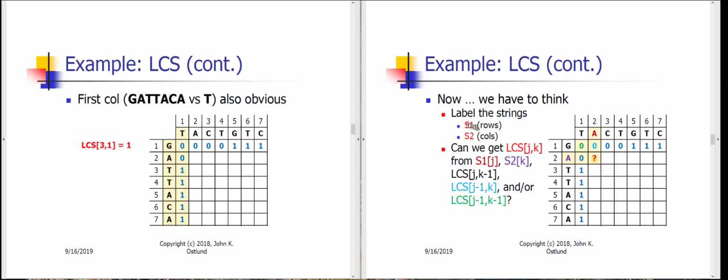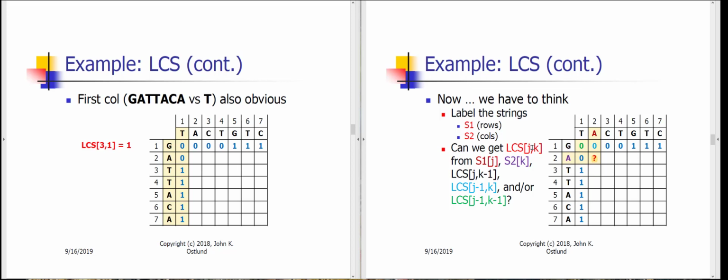Okay, so let's just call the rows S1, that's sequence 1. So our sequence 1 here, the rows are G, A, T, T, A, C, A. And the columns we'll call S2, T, A, C, T, G, T, C in this example. And in general, we're asking the question, can we figure out the longest common subsequence at some location JK in this matrix just by looking at immediately neighboring cells?